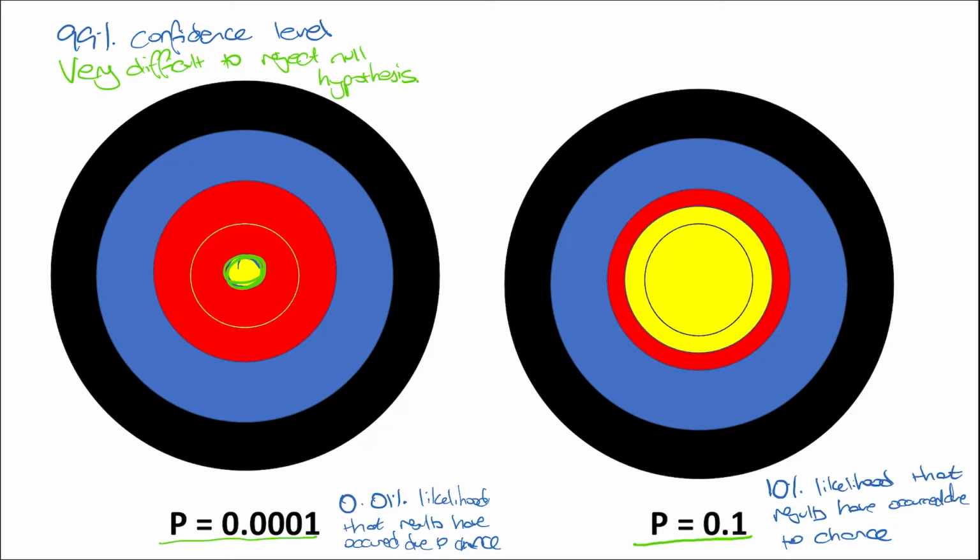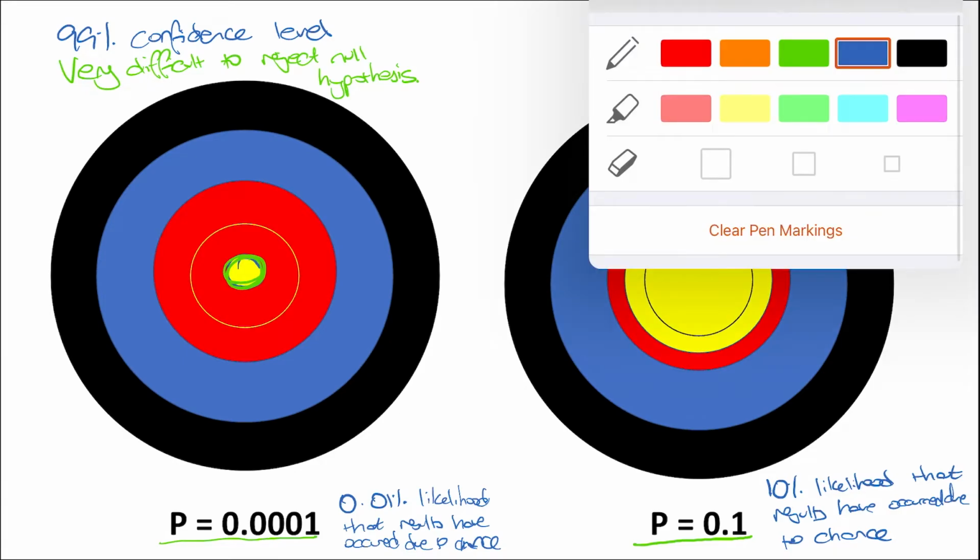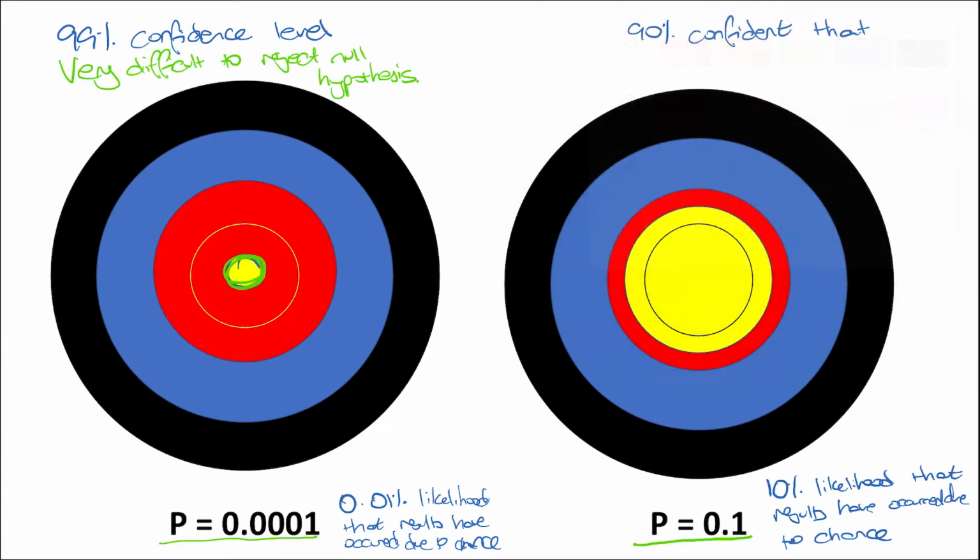In other words, we only now need to be 90% confident that the difference is real or the association is real. We only need to be 90% confident that our results are not due to chance. We're accepting a 10% likelihood that they are due to chance.